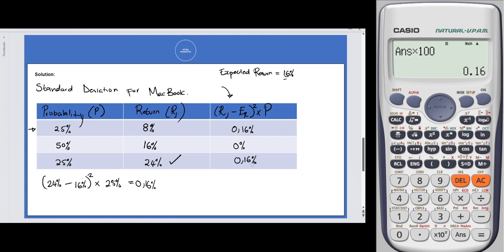As soon as you're done with this, you add all these three values: 0.16% plus 0% plus 0.16%, and that is going to give us 0.32%. Do we have anyone with their hand raised? If you do, you can ask.